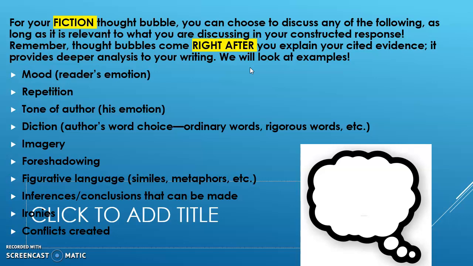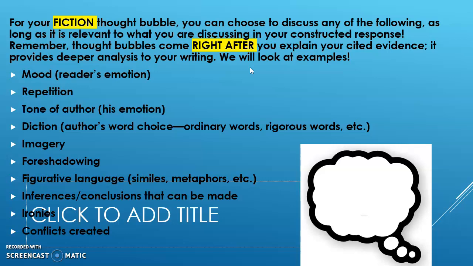Or mood. This line reveals that Johnny's mood is one of frustration, or this creates a confusing mood for the reader, or diction, author's word choice. I could say the use of the word blah, blah in the text creates an eerie mood for the reader.